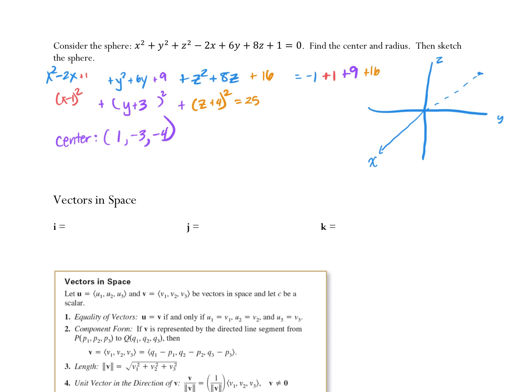All right, so guys, if I tried to graph that, here's 1 on the x-axis, here's -3 on the y-axis, and -4 on the z-axis.